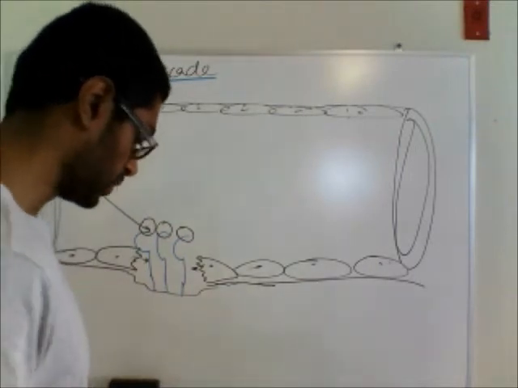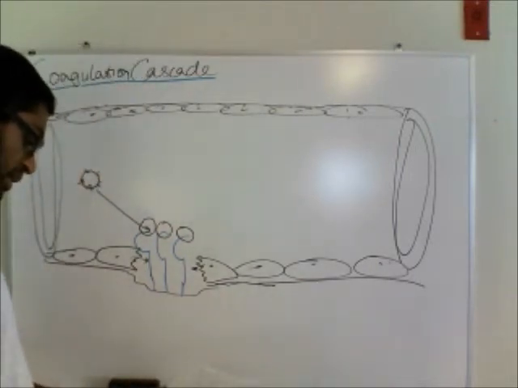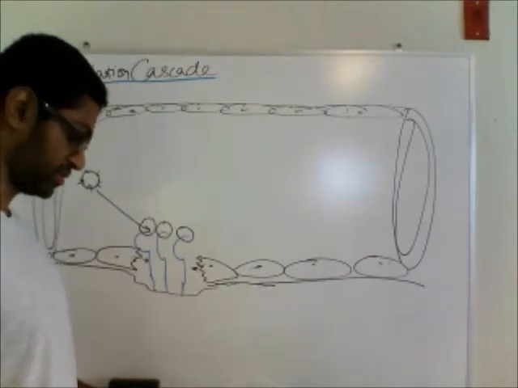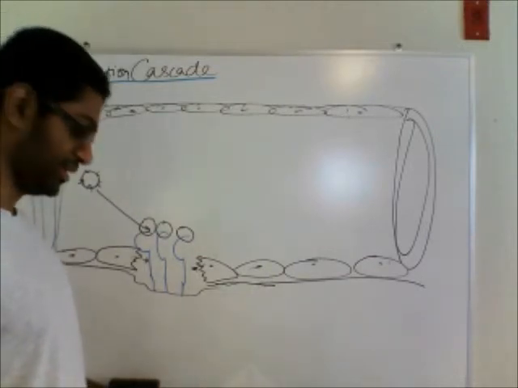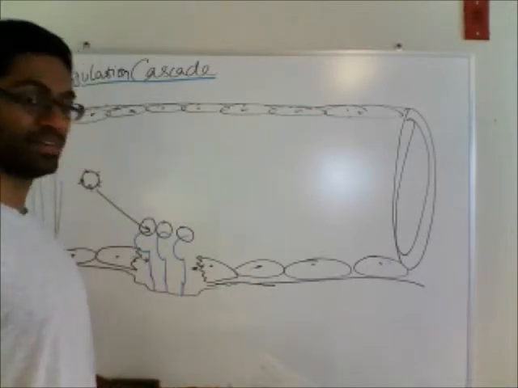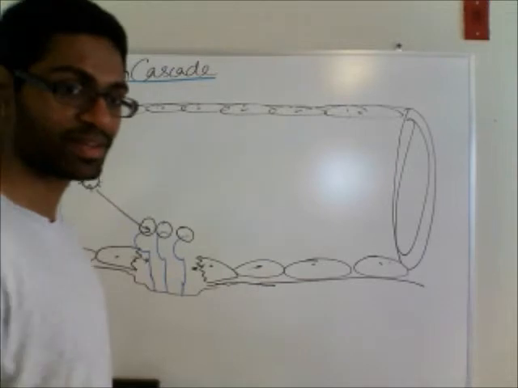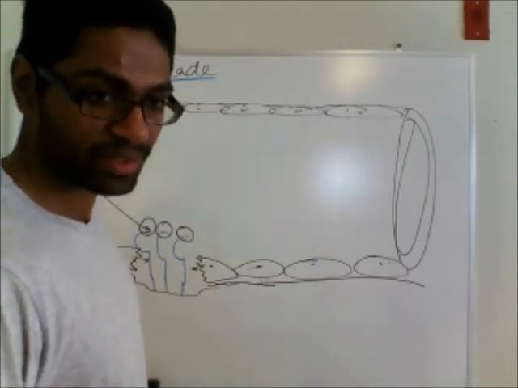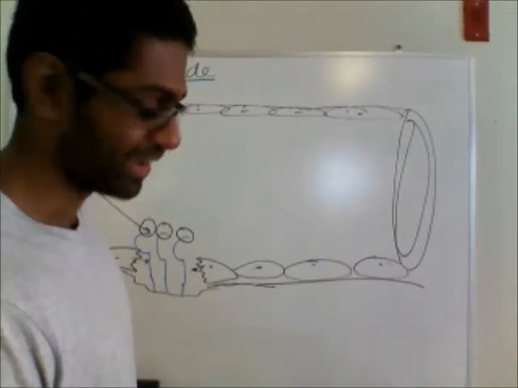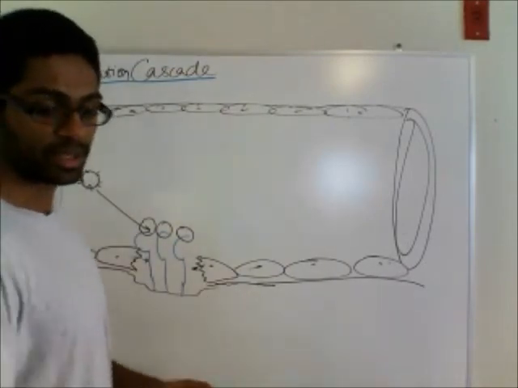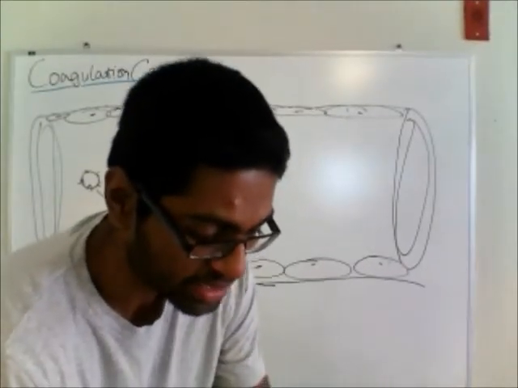Once that happens, the platelets start producing vasoconstrictors. Do you know a very potent vasoconstrictor? Okay, now this is in the big picture.